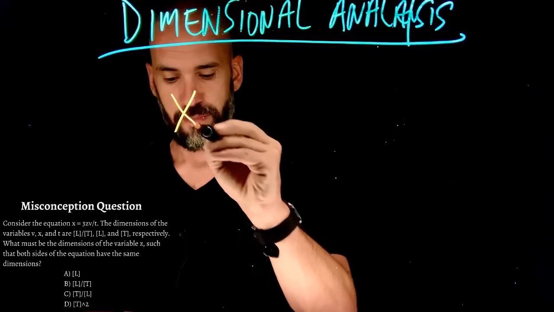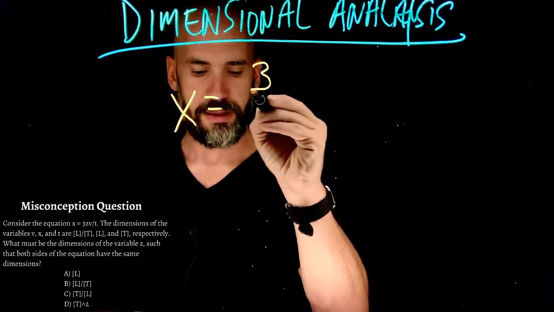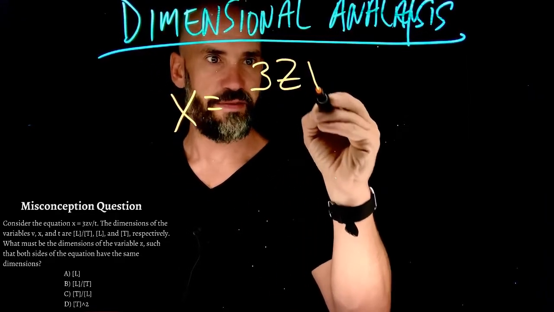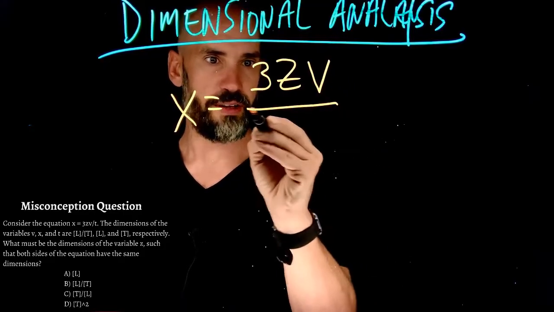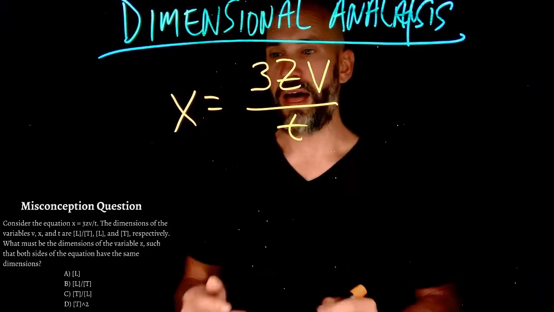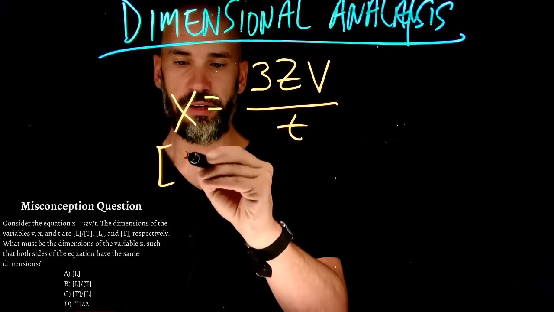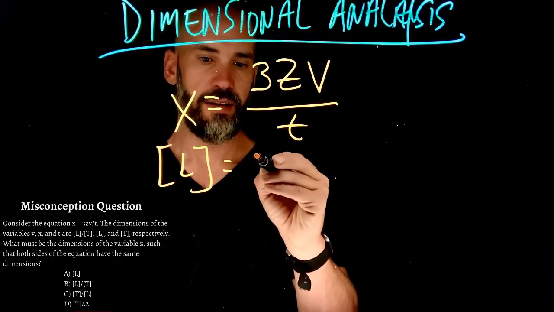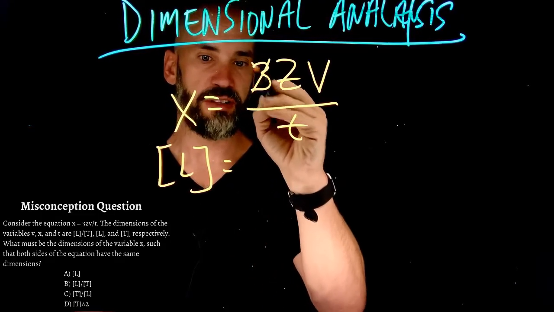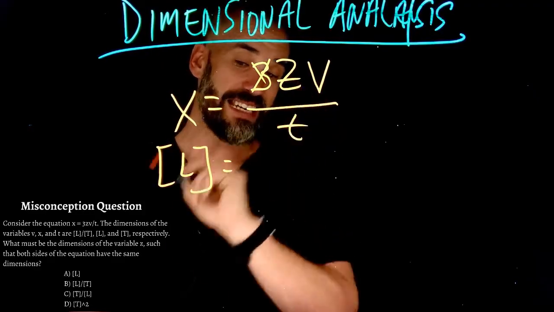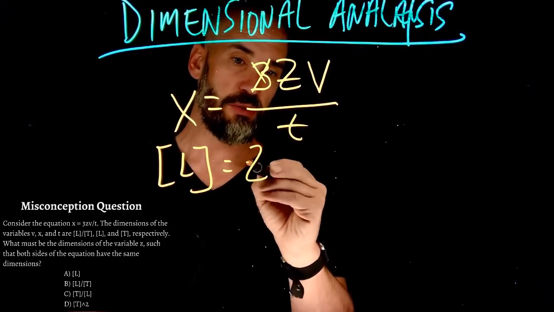We have x equals 3z v over t, right? Again, we know x is a length, so we're going to put in L for this guy right here. 3 we don't care about, so we can just leave him out. z is what we're trying to find the units of.